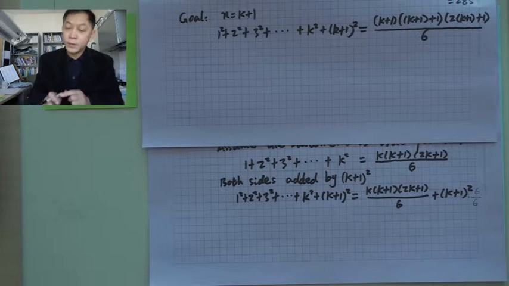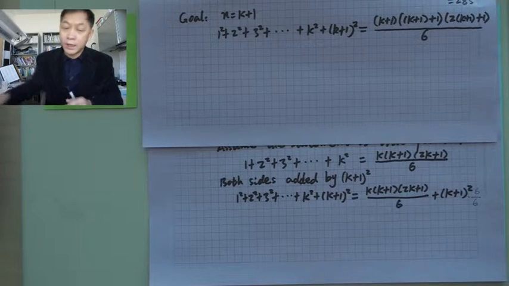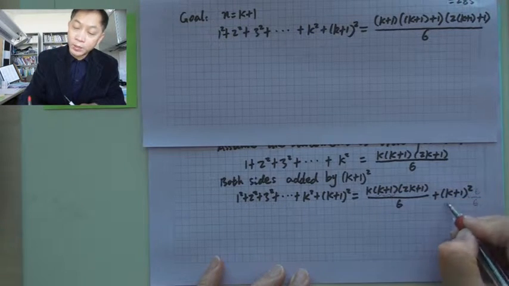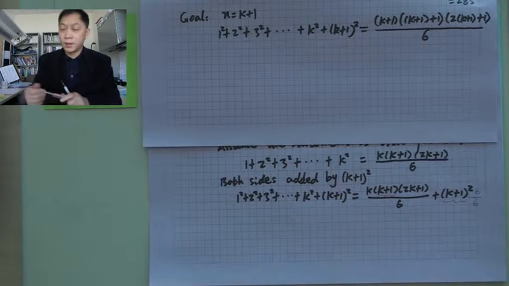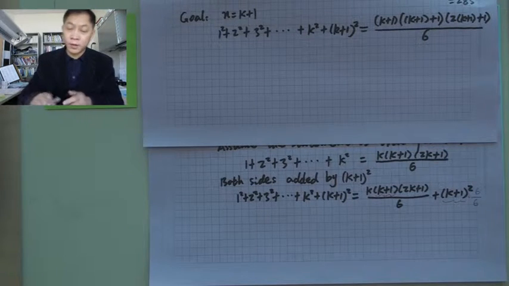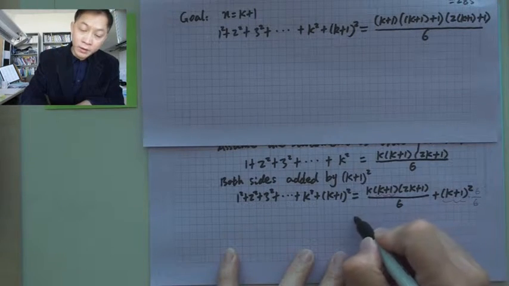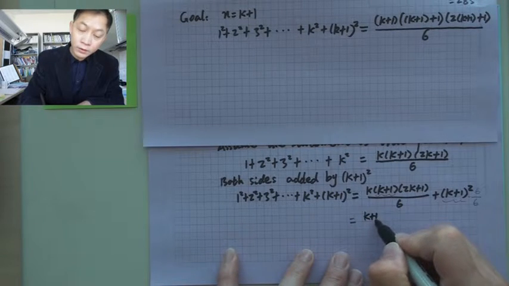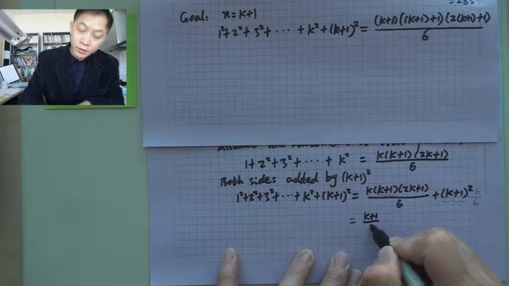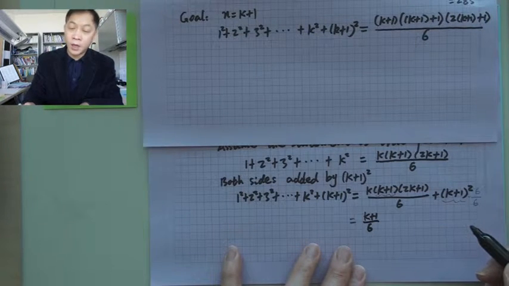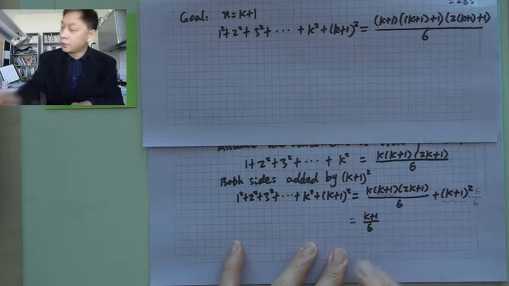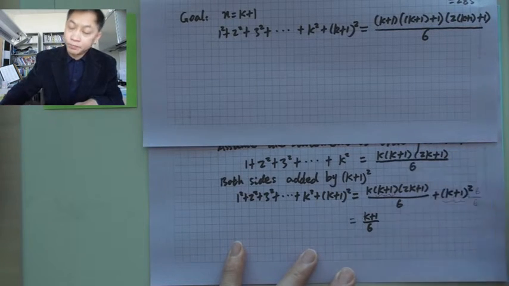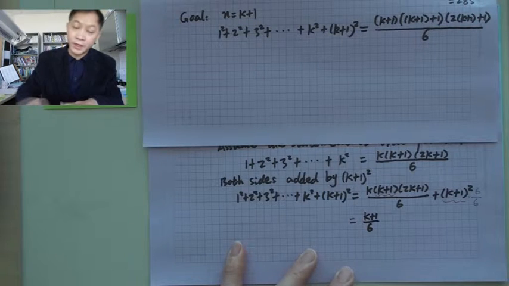Okay. Now, there is a k plus 1 here. There is a k plus 1 here. Now, this is squared. So we may pull something out. That will be k plus 1 over 6 out. This is in parentheses. And then, I want to do more at one step. Yeah, maybe I'll do more steps.